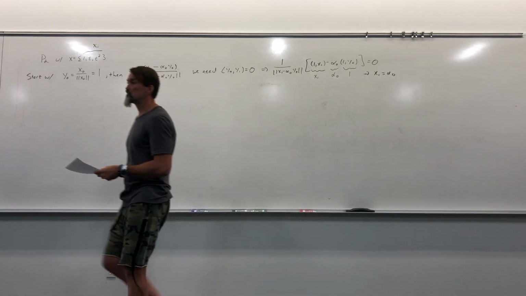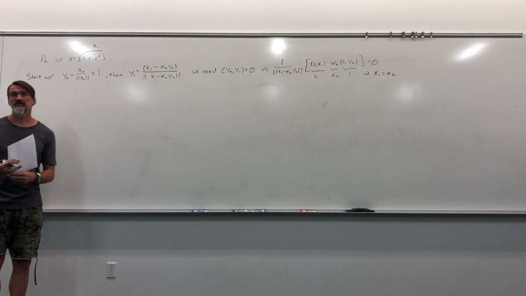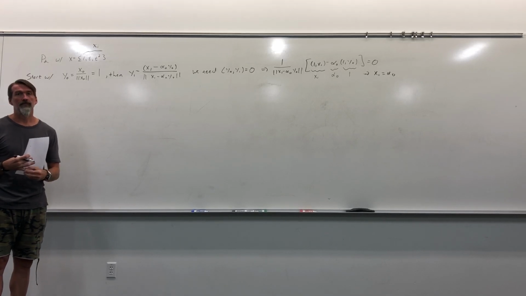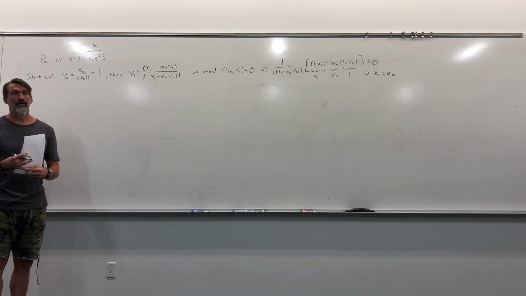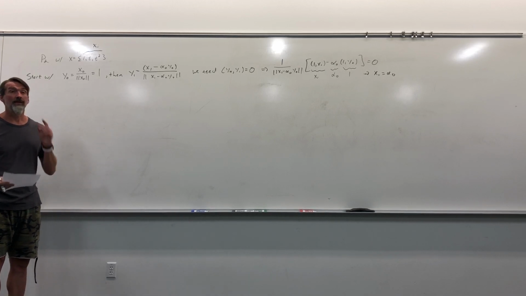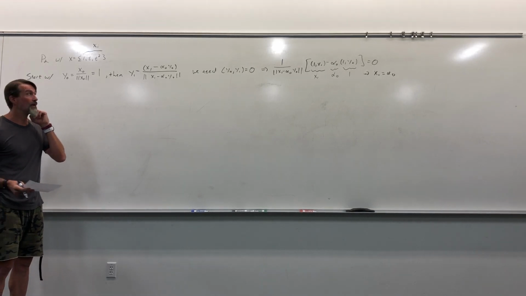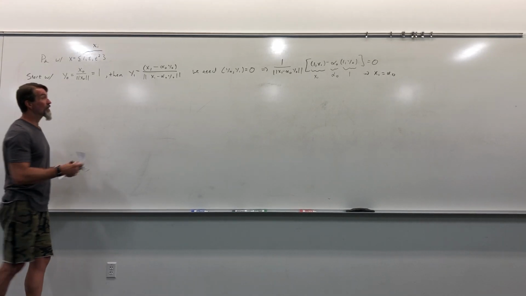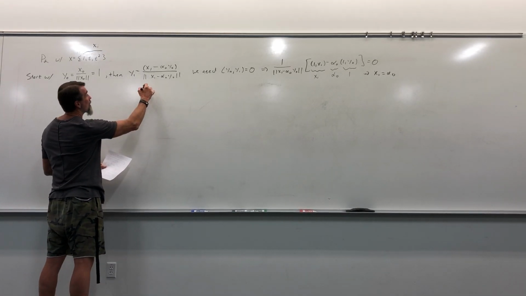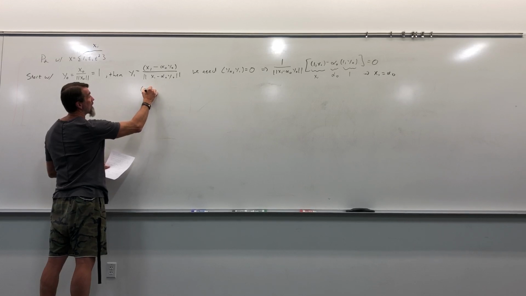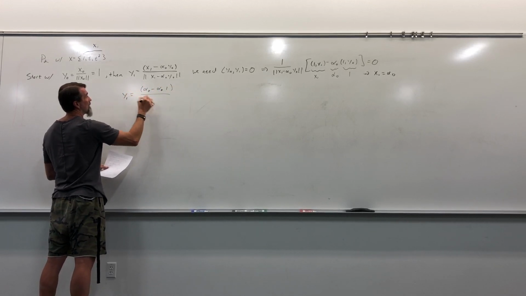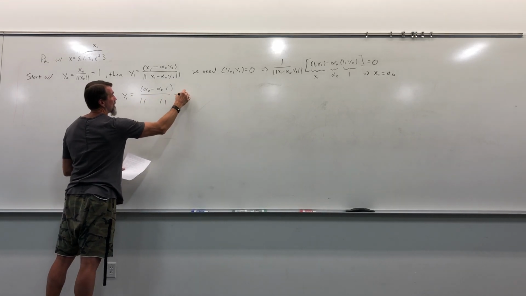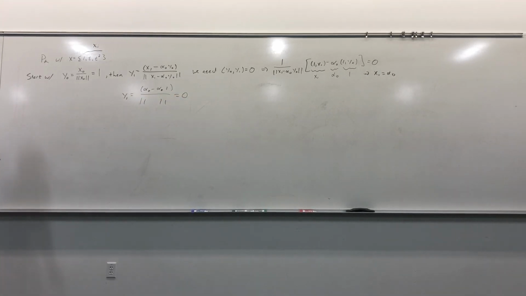Except there's a problem. You might spot it. Say it again? Y1 is 0. Yeah, so if alpha naught is x1, then this is alpha naught minus alpha naught times 1. So our second basis vector is 0. Does that make sense?